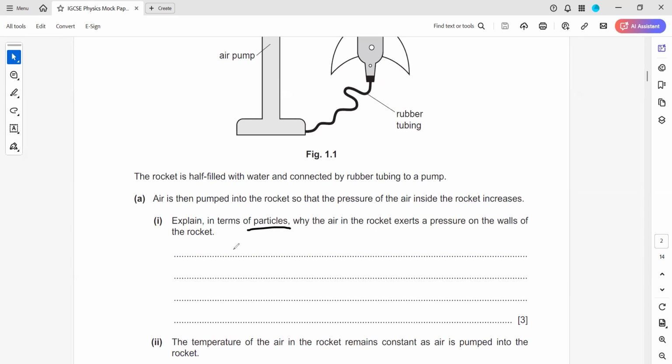So the first thing we'll mention, we relate the motion of the air particles. Air particles are moving randomly. Then due to the random motion, they will collide with the walls and each other.